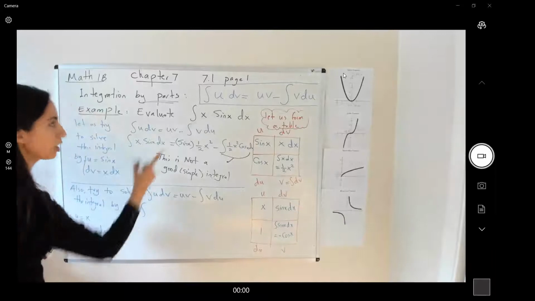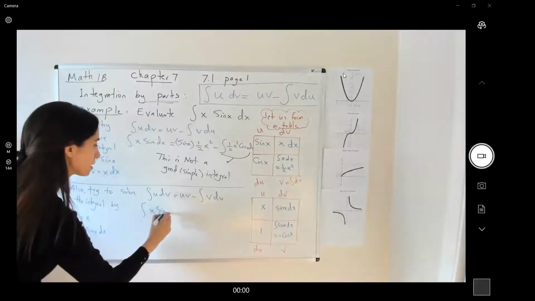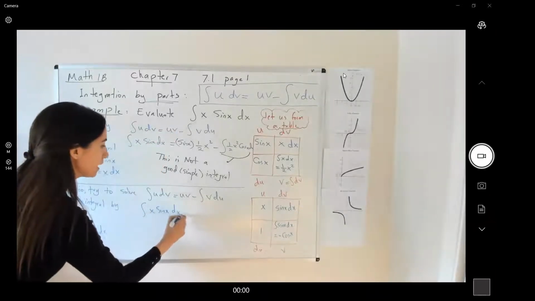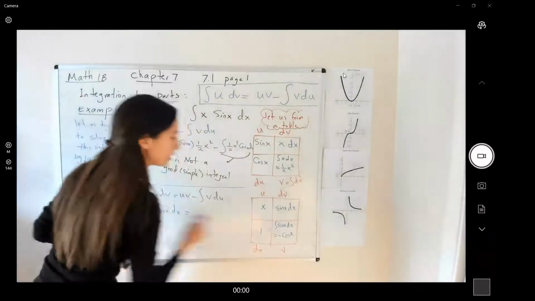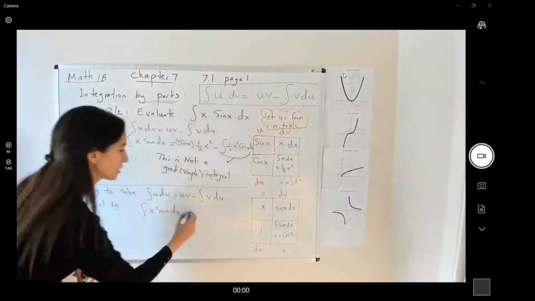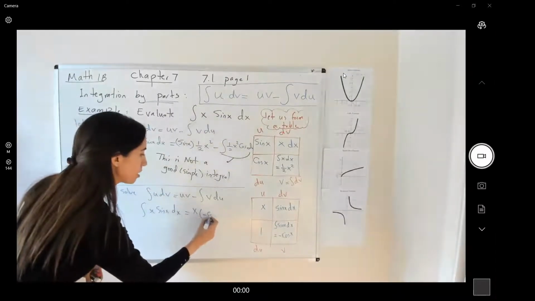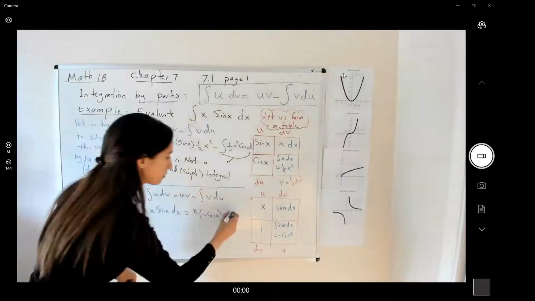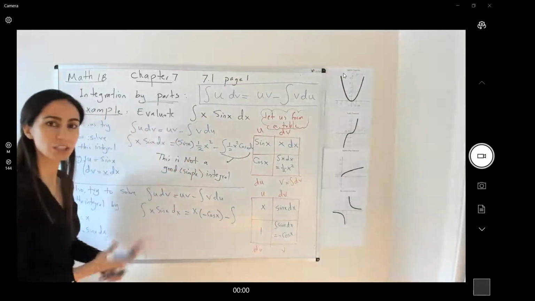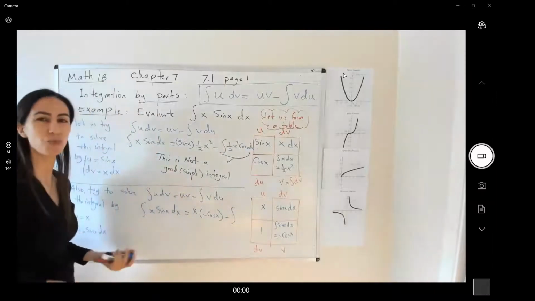So the integral of x sine x dx is equal to uv: u is x and v is minus cosine x, so x times minus cosine x, minus the integral of v du. du is just 1.